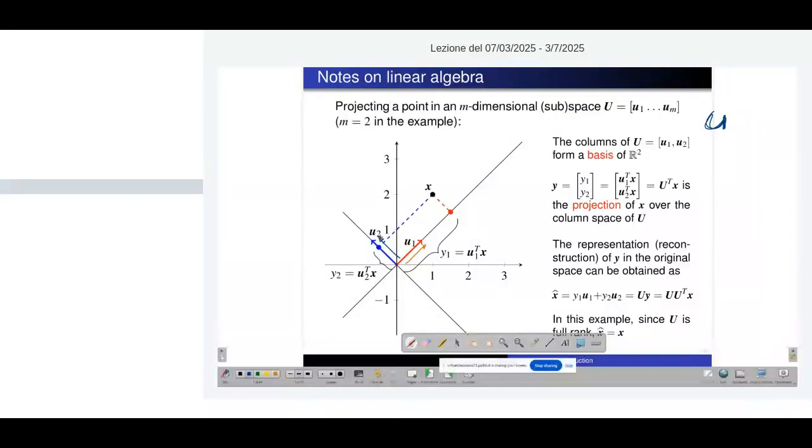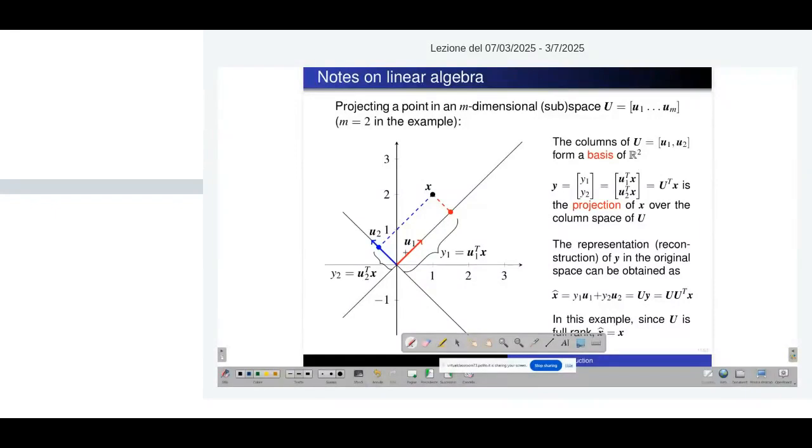To project the sample in this subspace means that I want to compute the coordinate of the projection in the space defined by the basis vectors. In this case, the projection will lie exactly where the original point is because we are going from 2 dimensions to 2 dimensions. But let's try to see it here, and then we will try to see how it would work from 3D to 2D.